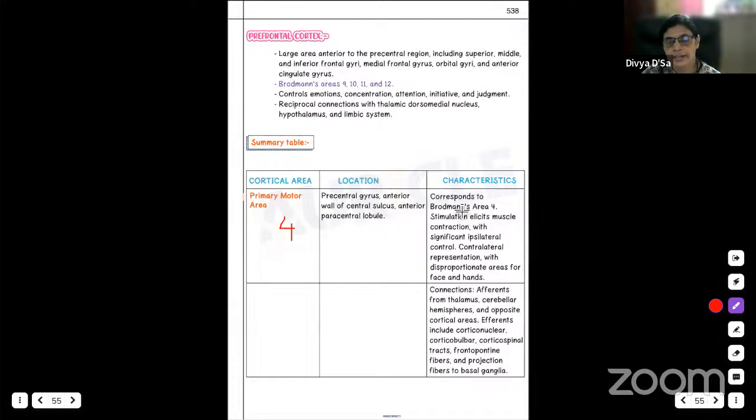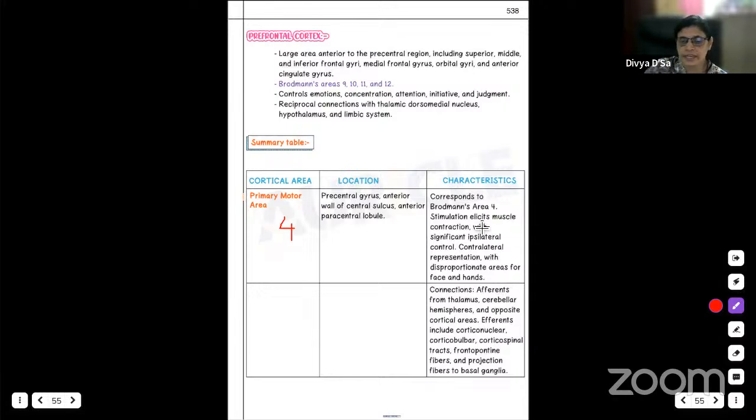Characteristics: it corresponds to Brodmann's area number 4. In simple words, it basically controls the contralateral side, that is the voluntary movements of the opposite half of the body. That is controlled by the primary motor area.